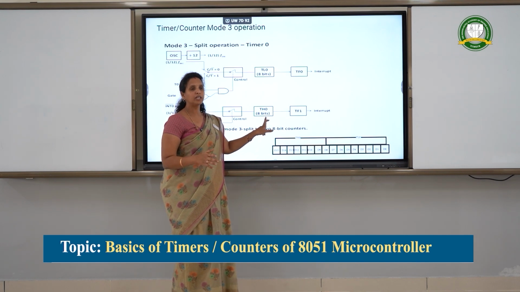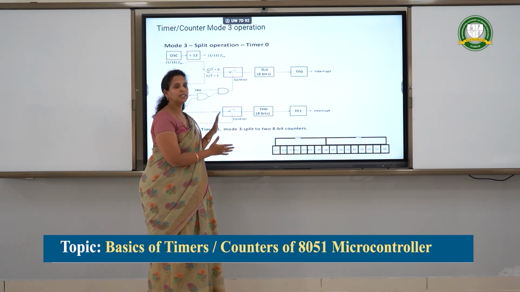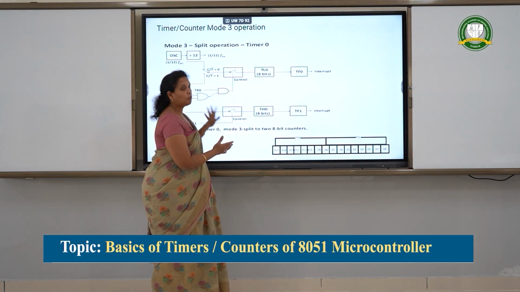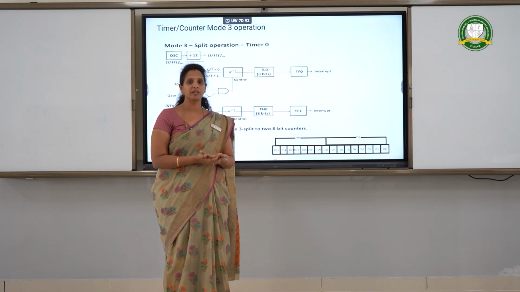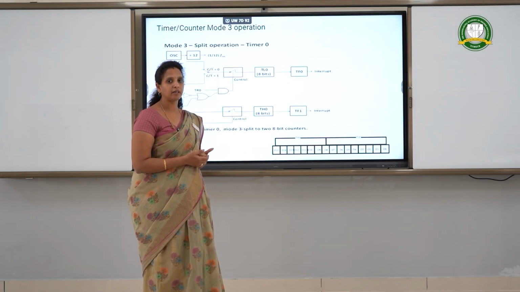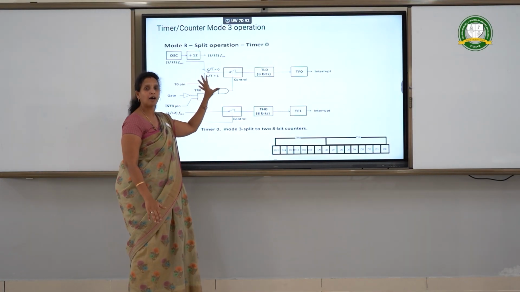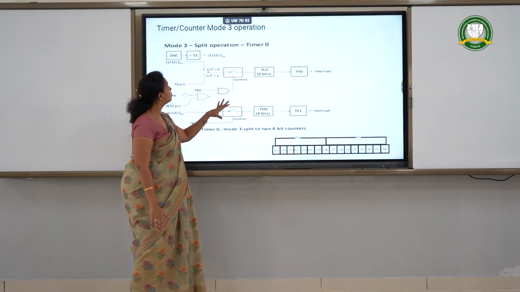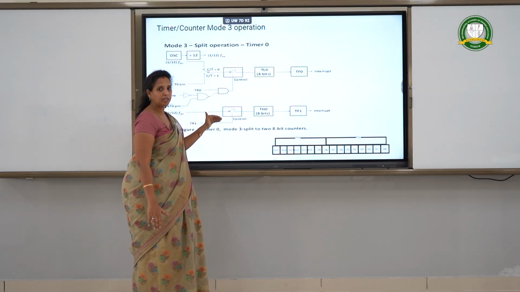In most operations, in general for generating delays, we will not be using the timers in mode 3. Rather, we will be using this for baud rate generation, which we will study in detail in the serial communication part. So till now, what we have understood is that if the timer or counter is working in mode 3, it is called split timer mode.